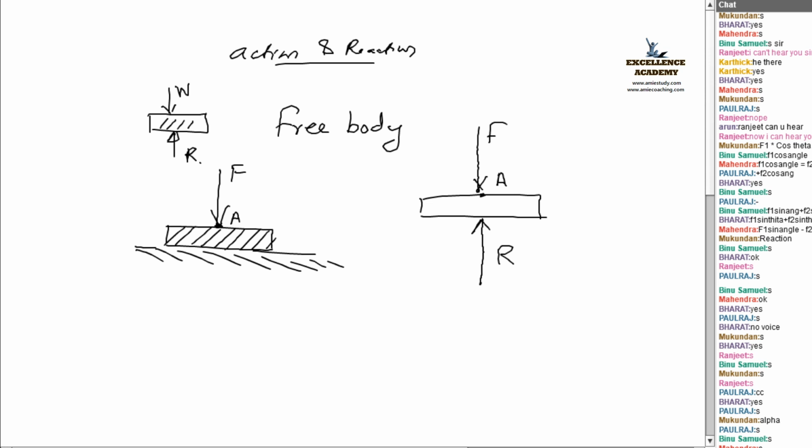That is R. We can give a name to this point, say B. That means reaction force RB. This type of representation is called a free body diagram. Clear?